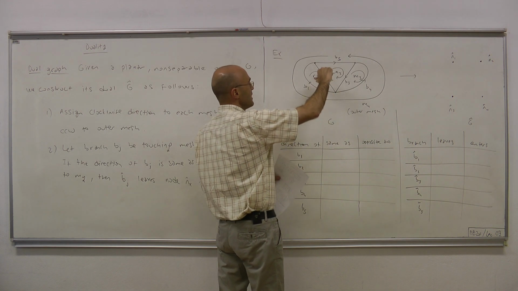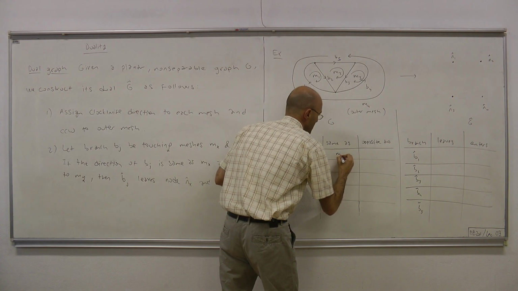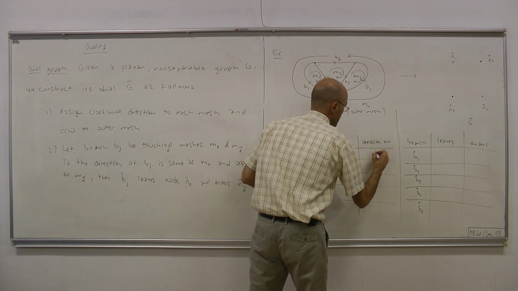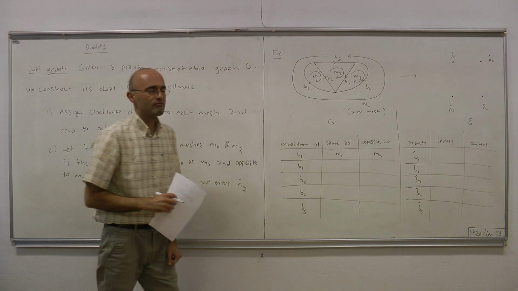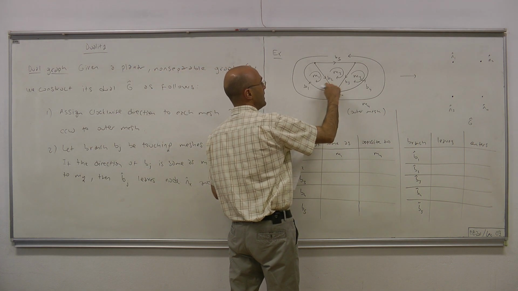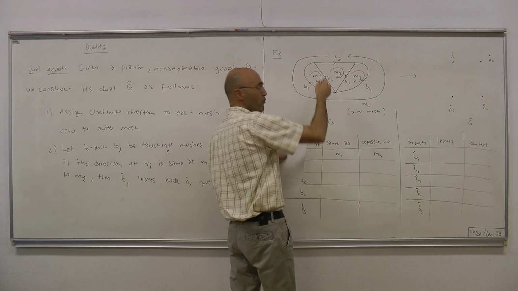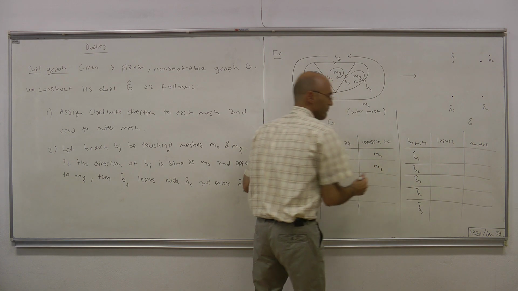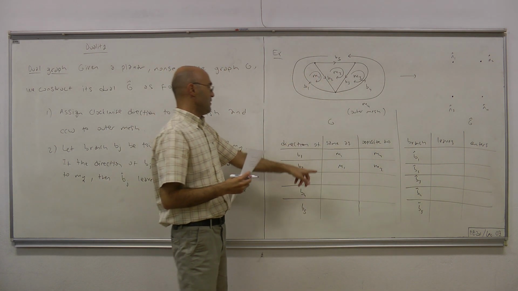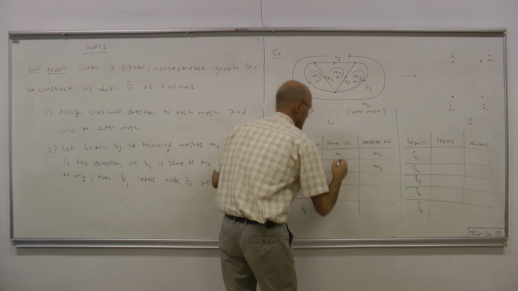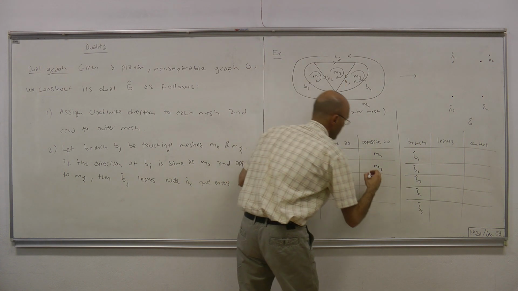Its direction is such that it is the same as mesh 1 and opposite to mesh 4. B2, the second branch, is between two meshes M1 and M2. It's same as M1 and opposite to M2. Okay, it's very simple. And then B3 is in between M2 and M3, same as M2, opposite to M3.